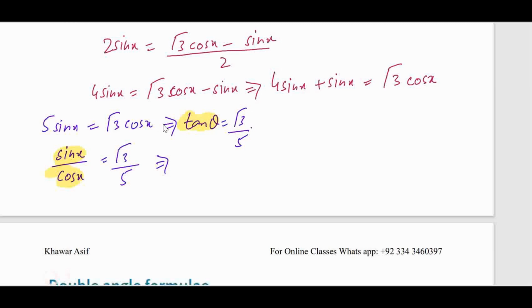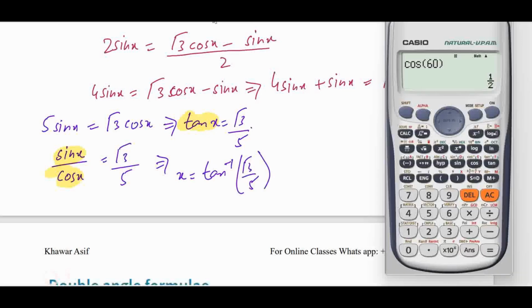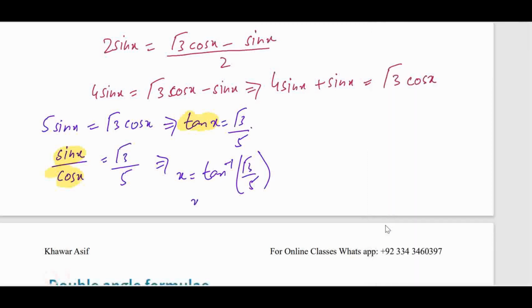This must be x over here. Now the angle x will be equal to tan inverse of square root 3 divided by 5. So shift tan inverse of square root of 3 divided by 5 equals 19.01. So x will be equal to 19.01.